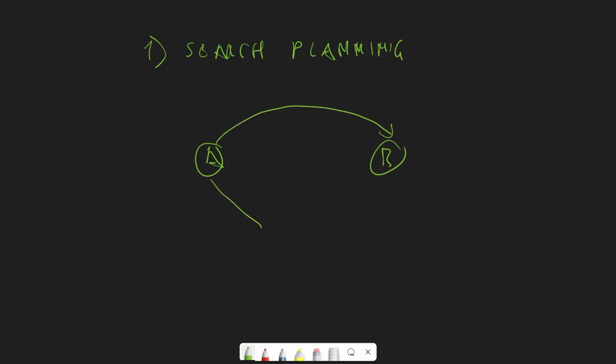One could be this one that goes through C and then leads you to B. There could be another one that goes through D, it goes to E, and eventually you can reach B.